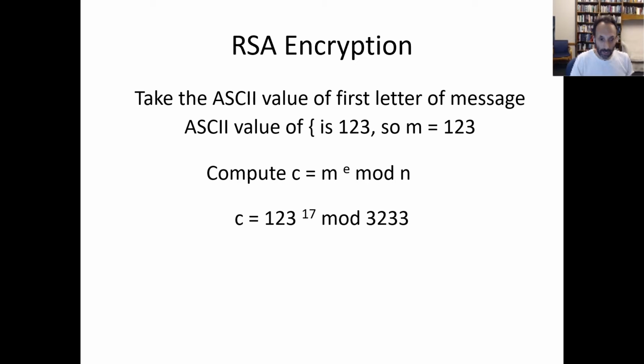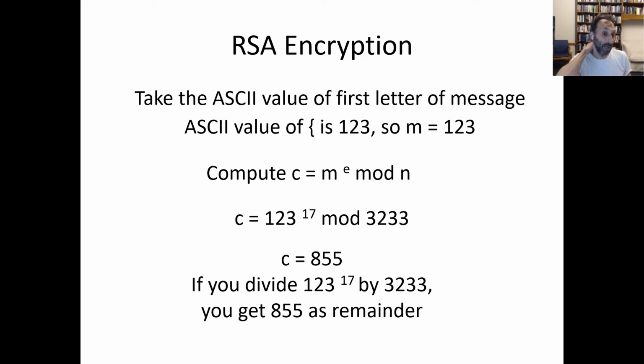It's 123 to the 17th power divided by 3,233. Whatever the remainder of that is, is the ciphertext, the encrypted message. In this case, it's 855. So if you take 123 to the 17th power and then take the modulus 3,233, the remainder is 855.